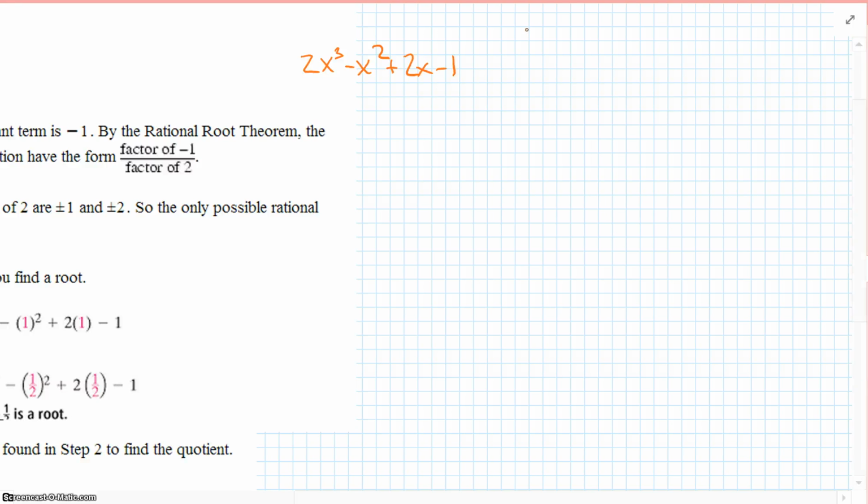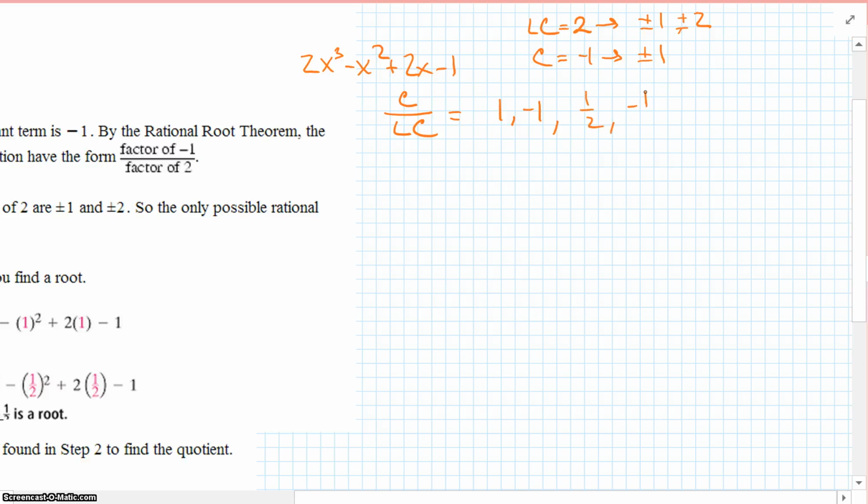The leading coefficient is 2, so all the factors are plus or minus 1, plus or minus 2. The constant is negative 1, so all the factors are plus or minus 1. So the possible roots are the constants over leading coefficients, so that could be 1, negative 1, 1/2, and negative 1/2.